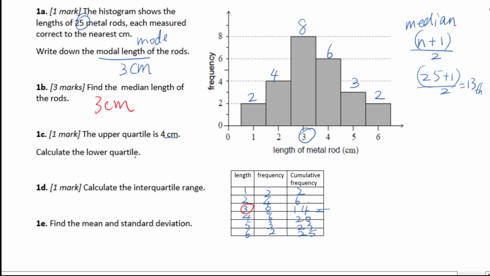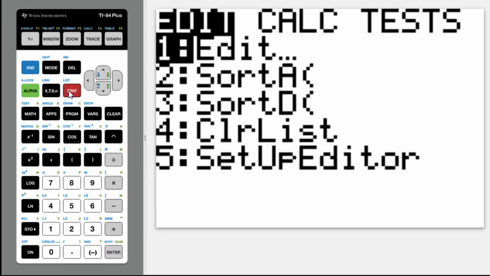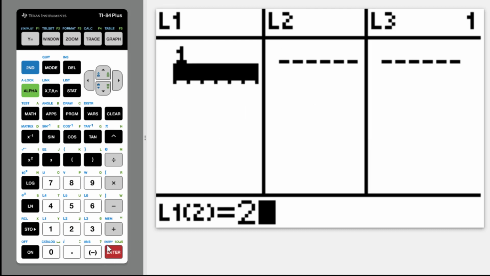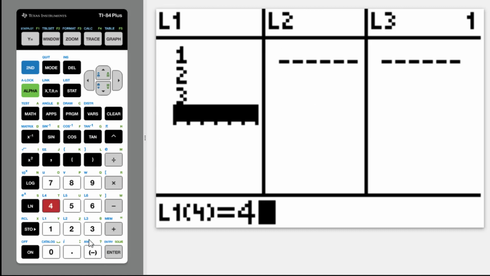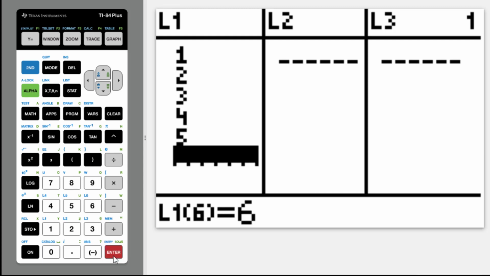Calculate the lower quartile. For the upper quartile and the lower quartile, we can use a graphing calculator to work this out. This is L1, here's L2. Clear the memory, go to stat, edit. 1, 2, 3, 4, 5, 6.